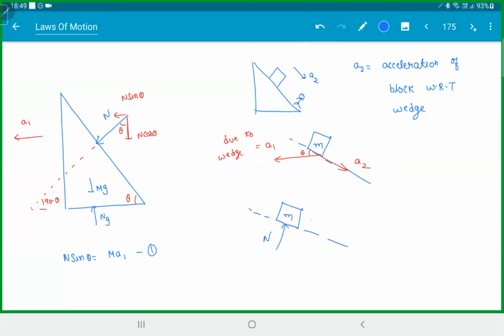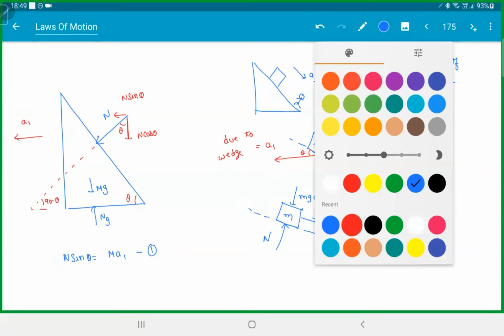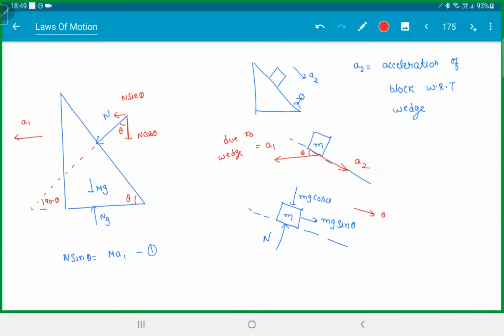So this is N. This is mg sin theta. This is mg cos theta. And look at the accelerations. It has two accelerations. A2 minus A1 cos theta, and this will be A1 sin theta. So even along the normal, there is an acceleration component here.